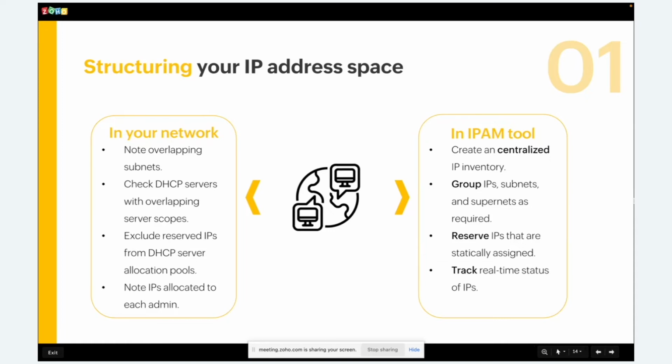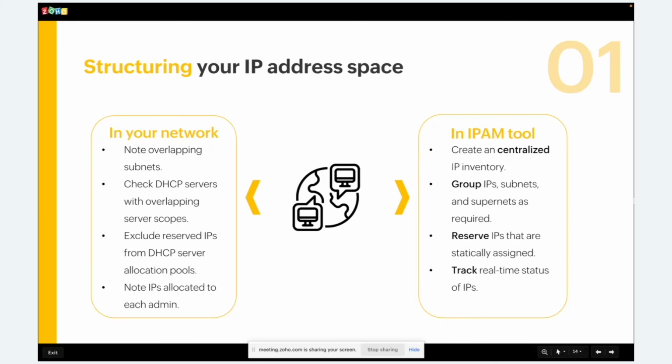Next, group these IPs and subnets as required. Like I said, you might have different priorities of monitoring and management for different subnets. Not all subnets need intense monitoring, but there might be some subnets which you have to monitor every hour or every day. So group subnets accordingly so that you have a very streamlined way of directing your monitoring efforts to your subnets.